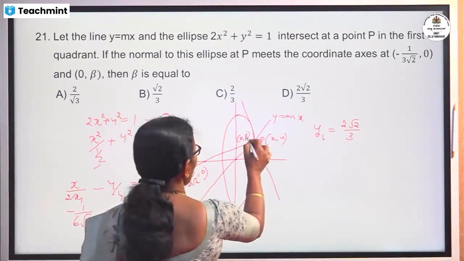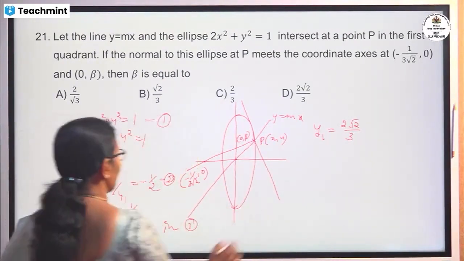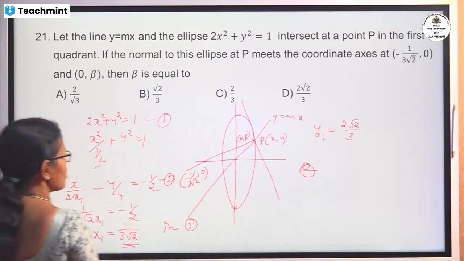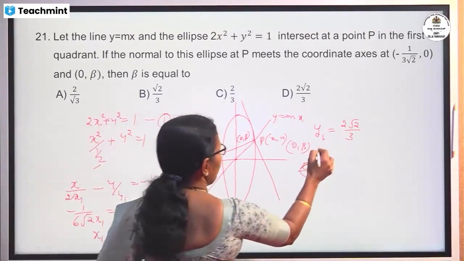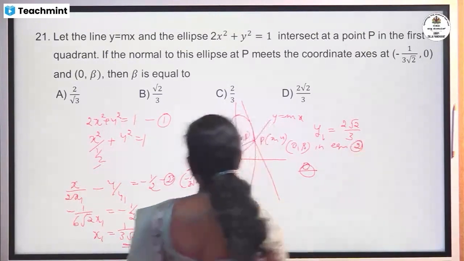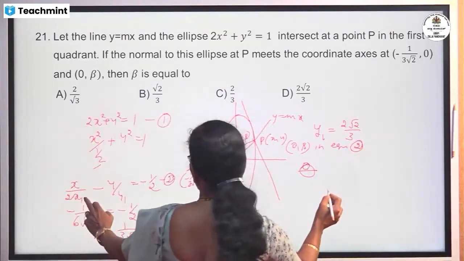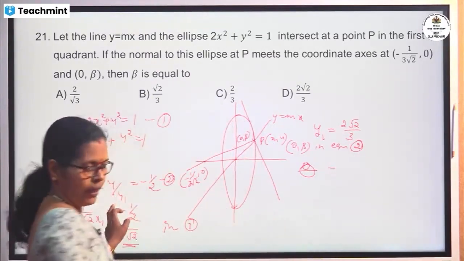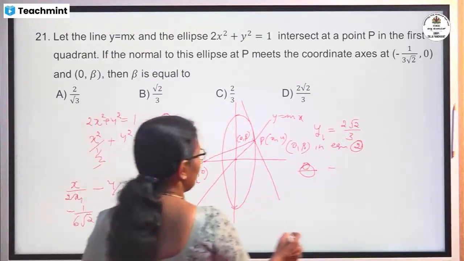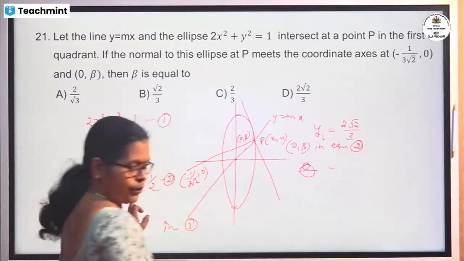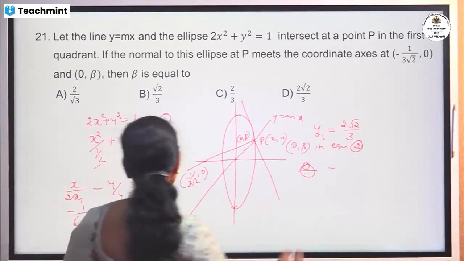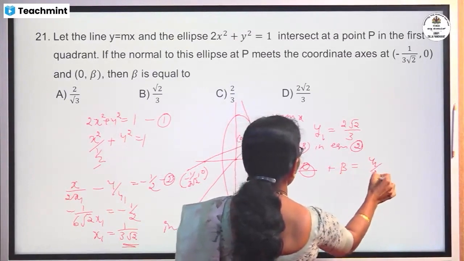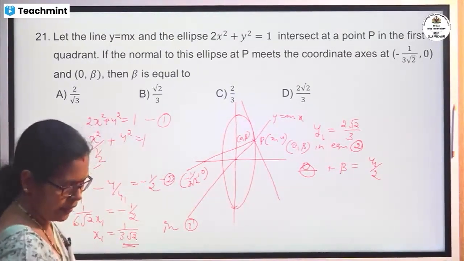The normal passes through 0 comma beta. Substitute 0 comma beta in equation 2. Then this whole term becomes 0, and here minus y divided by y1, we get beta is equal to y1 divided by 2.